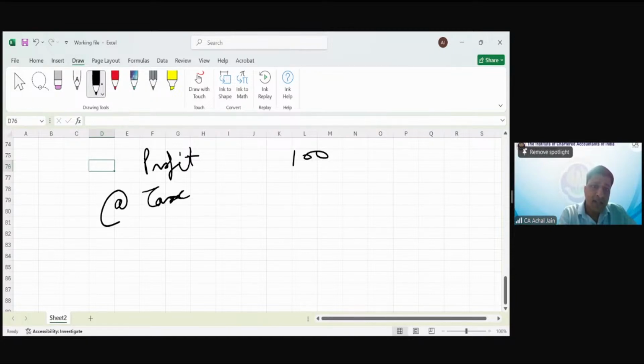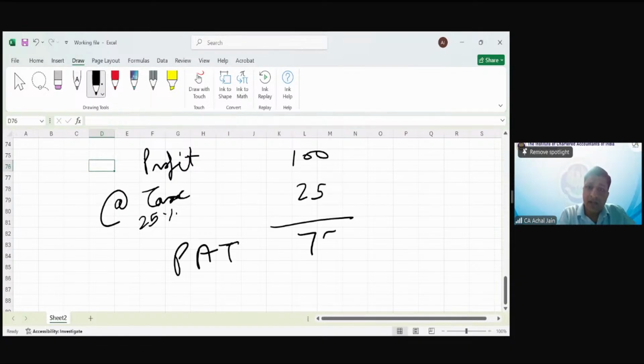Let's suppose tax is at the rate of 25%. So the tax will be 25 and the profit after tax that you get is 75. So this tax amount, do you show this in the P&L? Answer is yes. You show this in the P&L. The tax for the period, for the current year that you compute, what do you call it? Current tax.